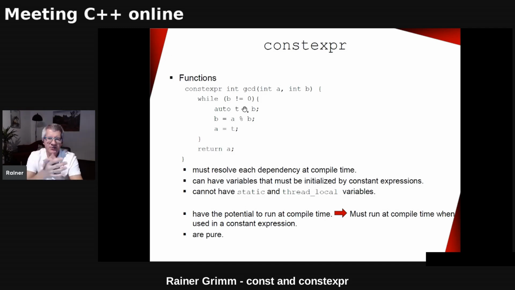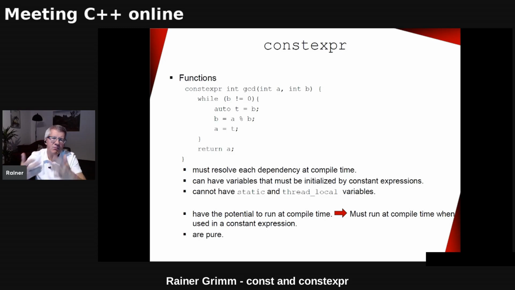And here comes the key observation. This function does not have to run or must run at compile time. It means this function has the potential to run at compile time. You can use this function at runtime when you invoke it with runtime values, so non-constant expressions. It has to run at compile time when you use it in a constant expression.